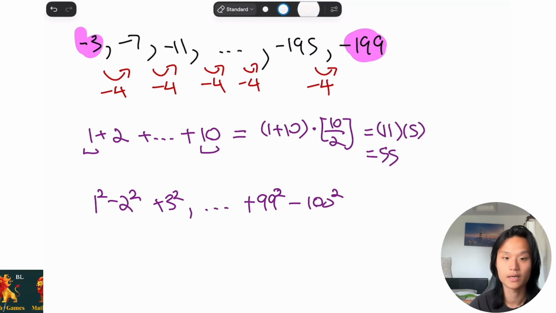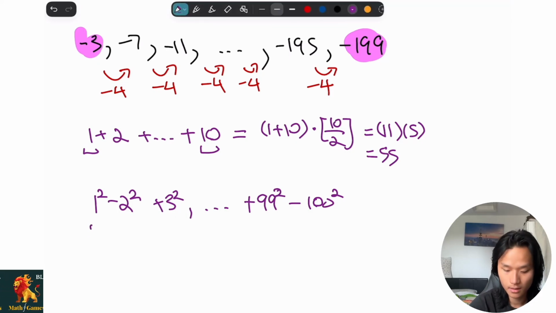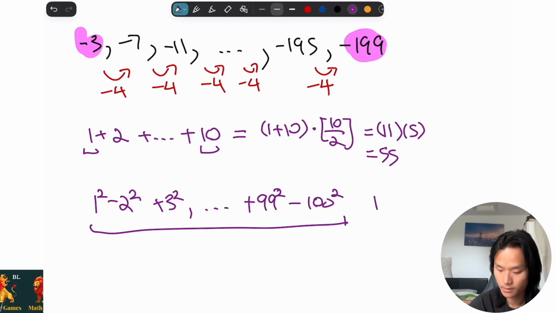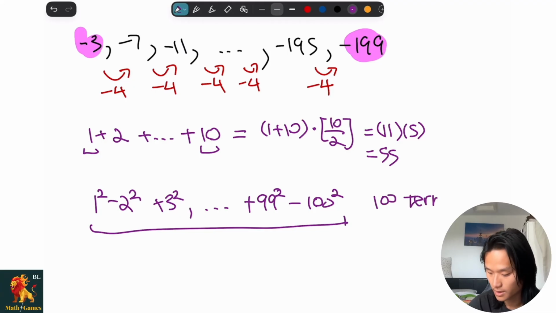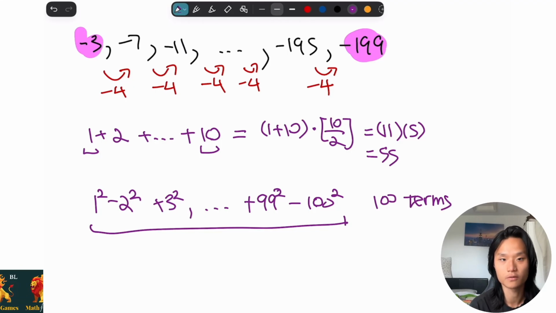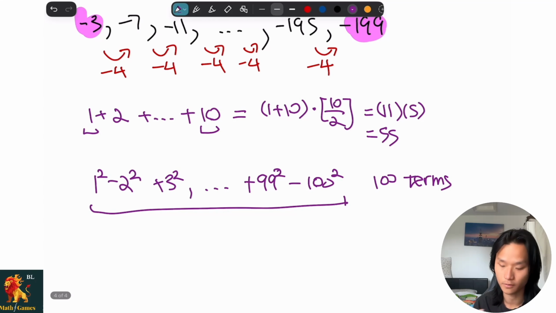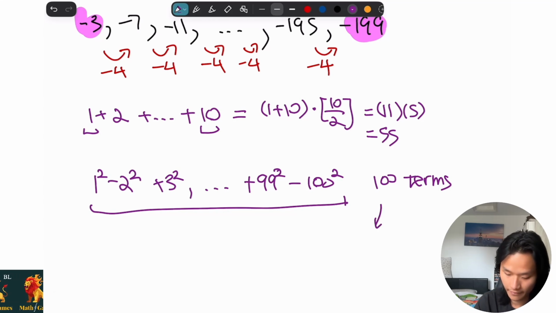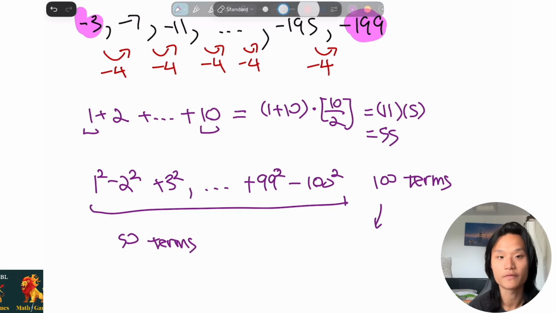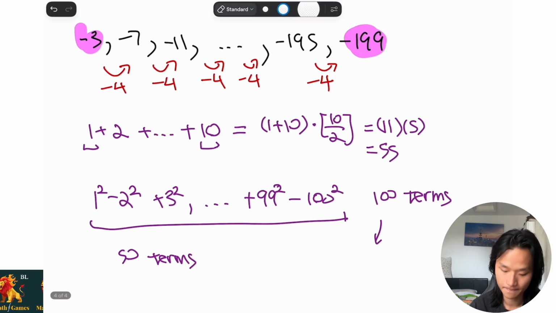So here originally there are 100 terms, right? But when we group them in groups of 2, we have 50 terms. So we have 50 terms for our new arithmetic series.